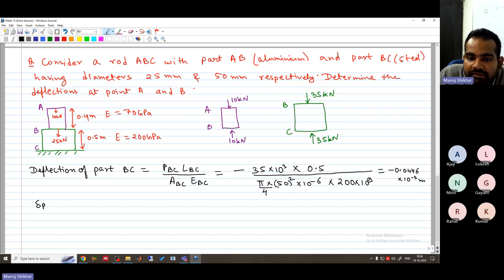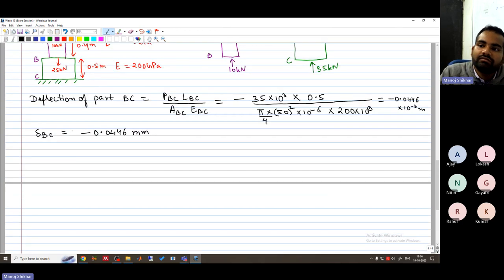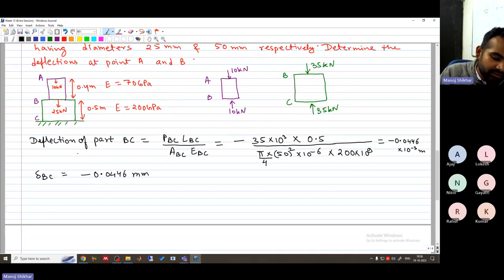So delta BC is basically minus 0.0446 millimeters. Okay. So this is the deflection of point B, because the C point is not moving. Its displacement is 0. So whatever displacement is happening in this part, it is happening in part BC.